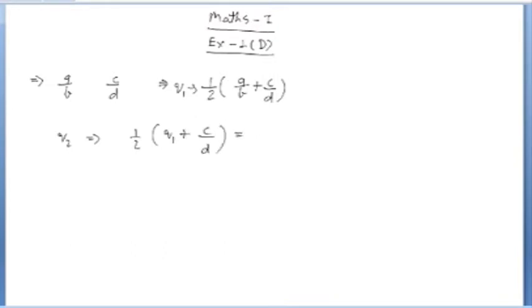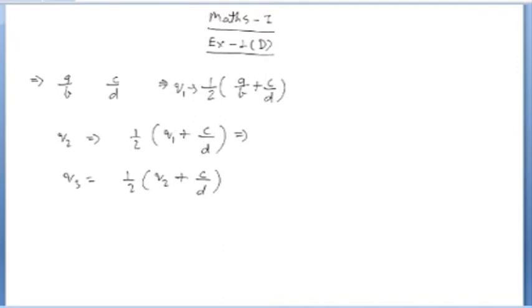Here q1 is this value. In this way we will get our second rational number, and for the third, 1 by 2 q2 plus c by d again. So in this way we can find infinite rational numbers between any two given rational numbers.